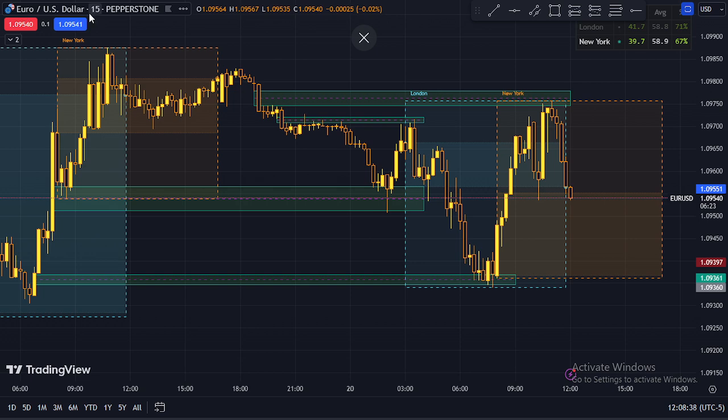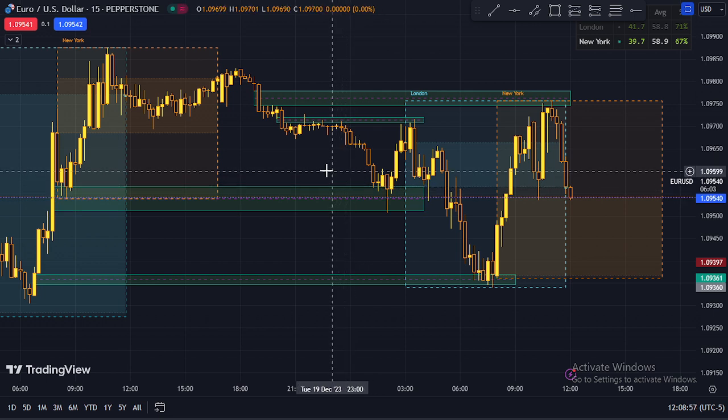So you have Euro USD, you can have USD JPY, anything that has USD will be very good for you to backtest based on the ICT kill zones, because they only act on the New York local time.